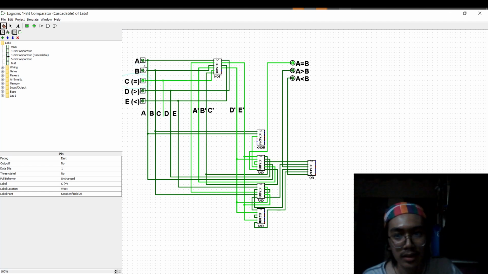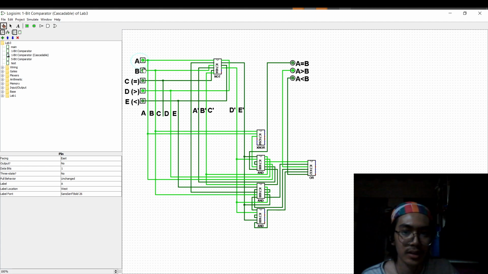So as you can see right here, if the input from the previous comparator is already greater than, then this input doesn't matter at all. Whatever combination for this, the output doesn't change, because the previous one already stated that it is already greater than. It is the same for the less than.